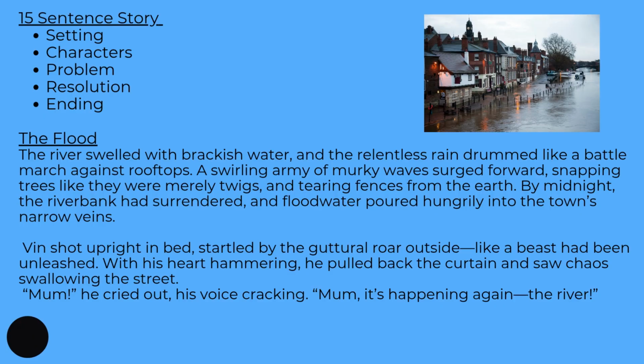We've also got some alliteration in heart hammering, and we've got some foreshadowing that this has happened before. It's happening again, the river. So almost telling us that there has been danger previously and there may be danger coming up.